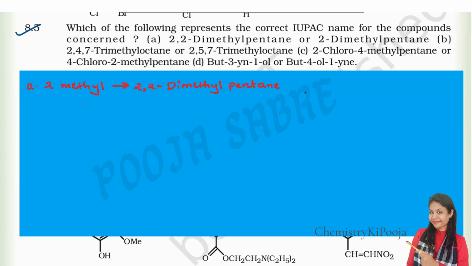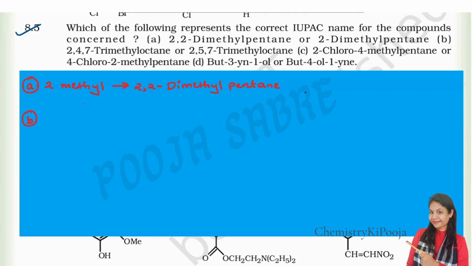Coming to now the next one, B question. 2,4,7-trimethyloctane. Now here, if I look into 247 or 257, which one is having the lowest numbering? The substituent or the locant should be present on the lowest numbering. Now the next one is 247 or 257 trimethyloctane.